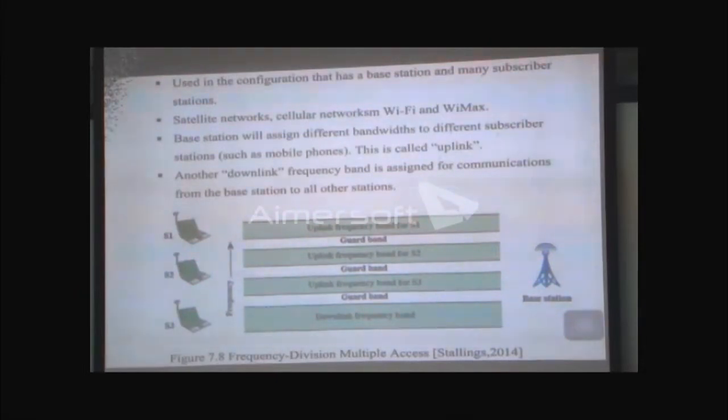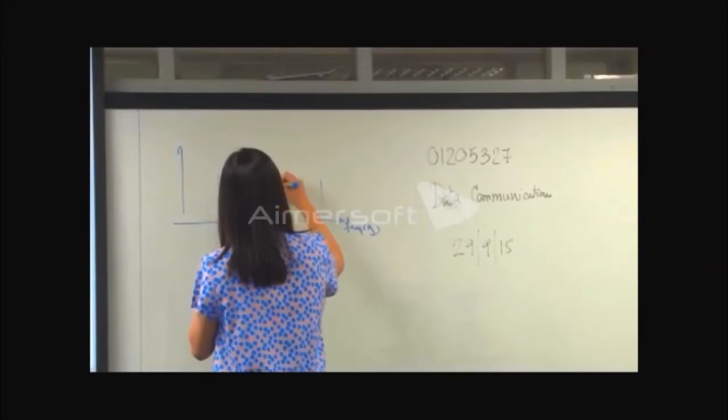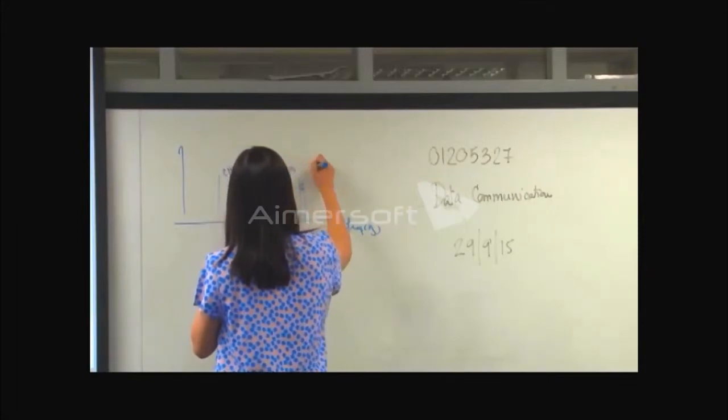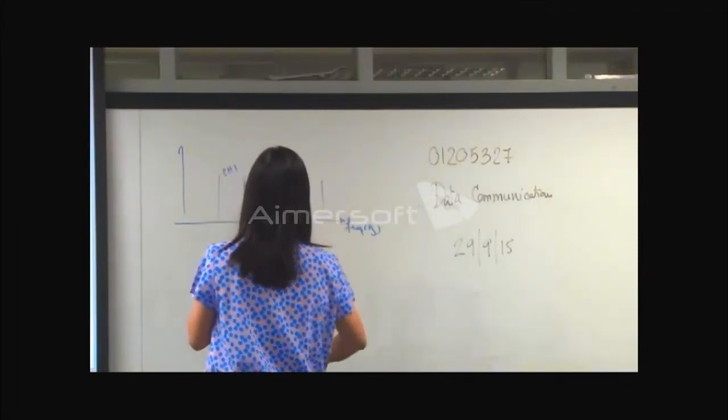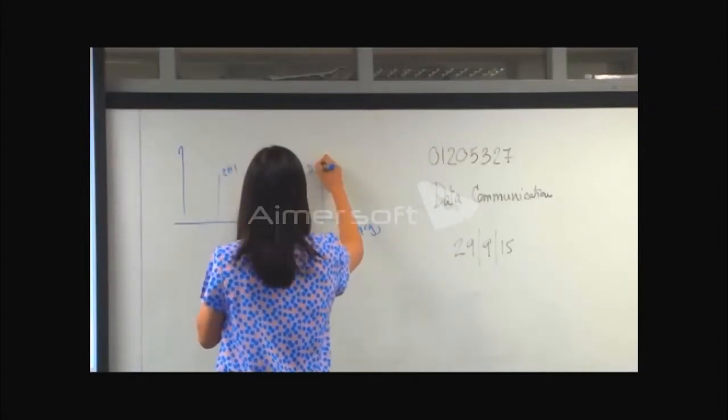For the guard band, you can see that this is the frequency axis. If you draw it like this, this is the frequency, and you have channel 1, channel 2, channel 3, and this may be the downlink.